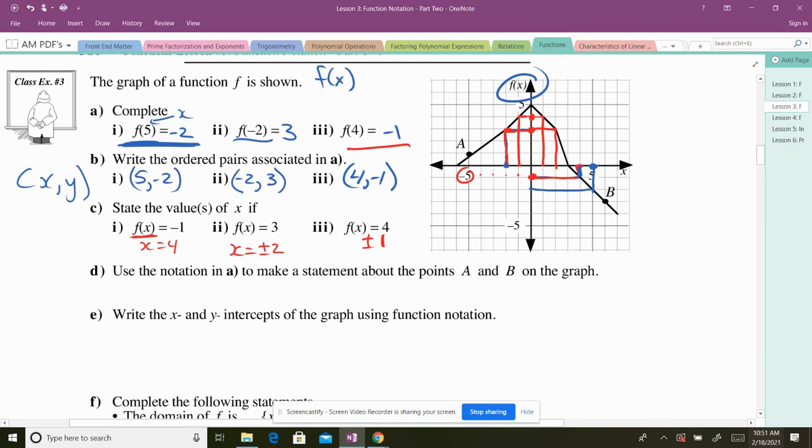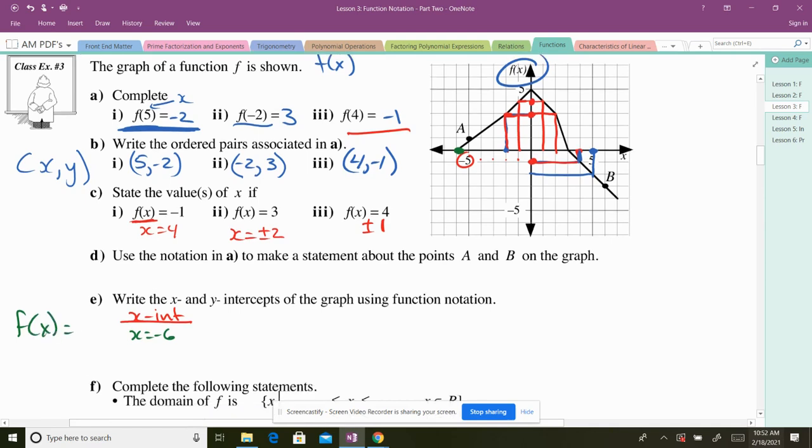X-intercepts, so the x and y intercepts. So x-intercept, we'll do that first. Where is the x-intercept on this graph? -6. There's one of them. So x equals -6. They want us to write it using function notation. So that means they want us to write f of x equals something.